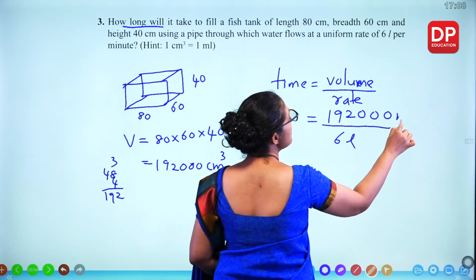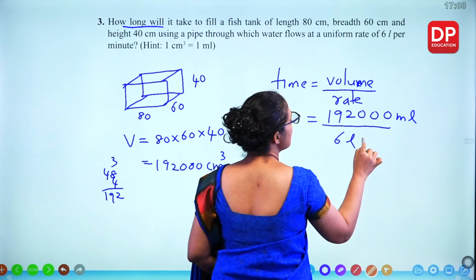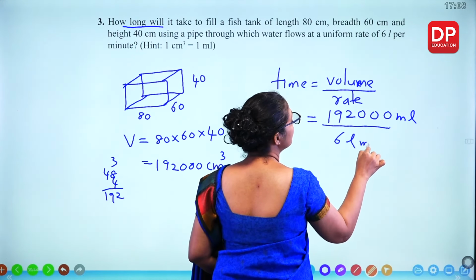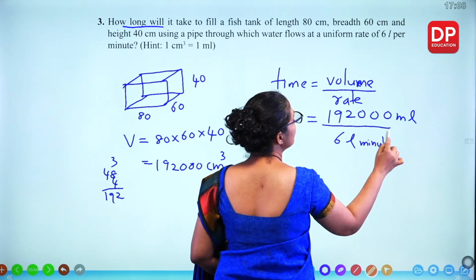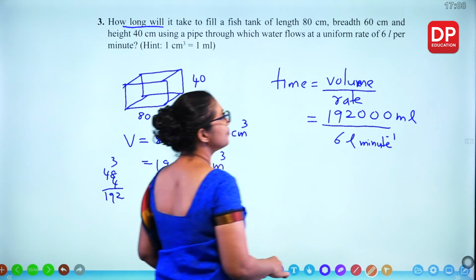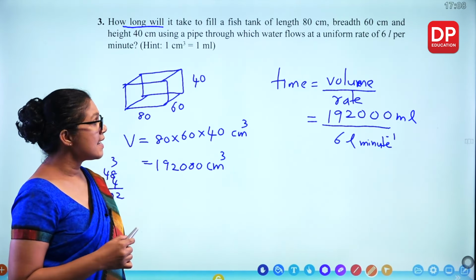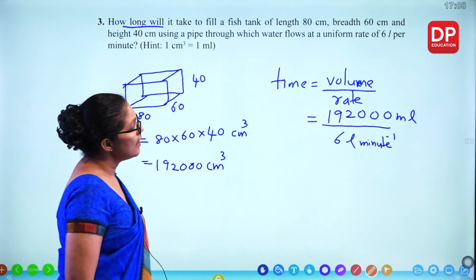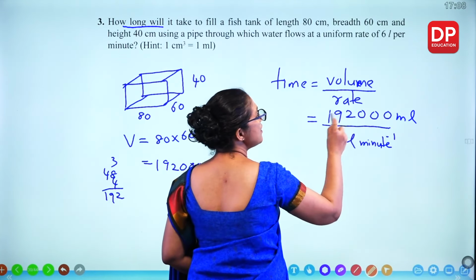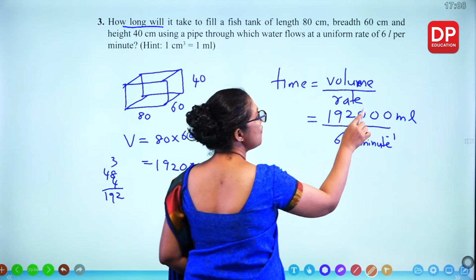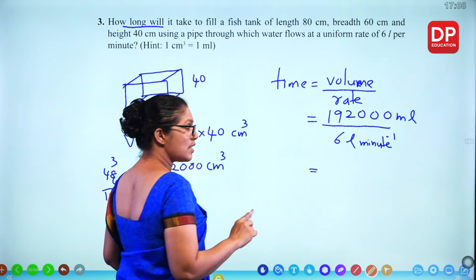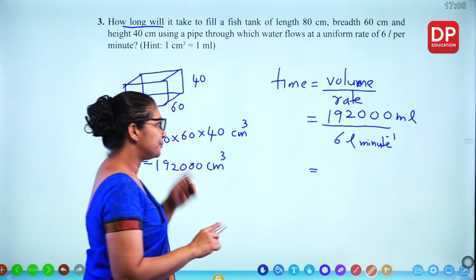Here one is in milliliters and one is in liters. So here we'll divide this by 1000 to convert to liters, because 1000 milliliters is 1 liter.